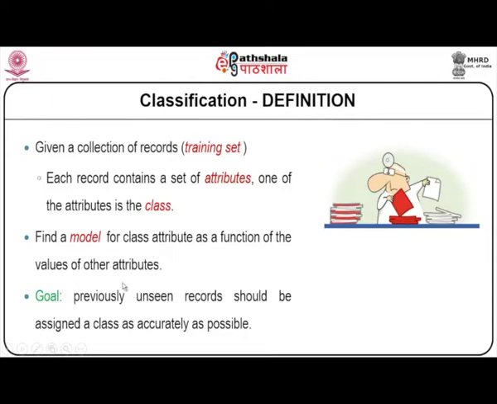Considering a group of other attributes, we have to create a model which should give the actual output that is desired based on the given list of attributes. The primary goal with which we start working on classification is that previously unseen records should be assigned a class as accurately as possible.